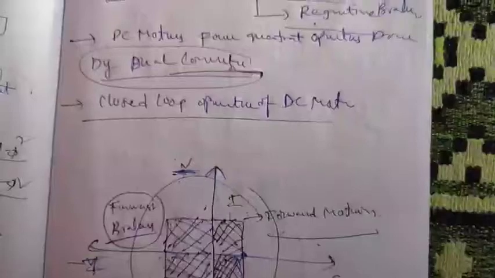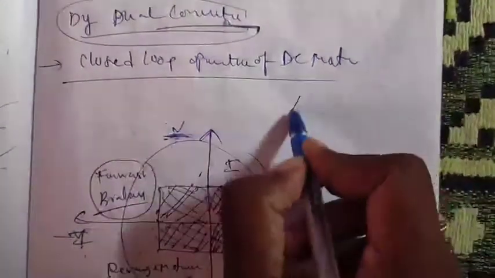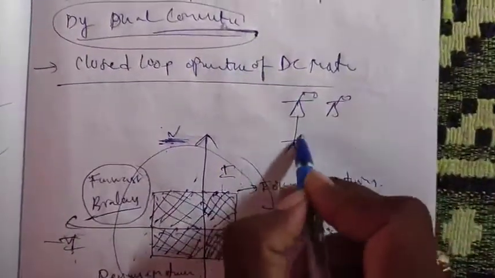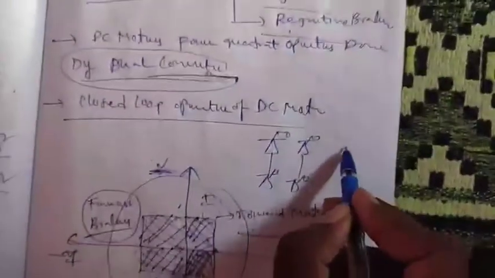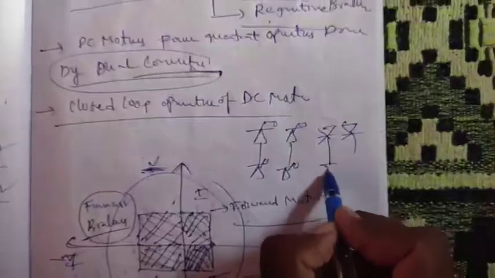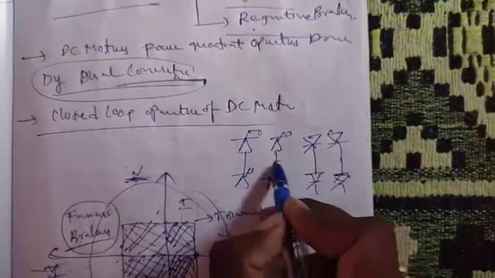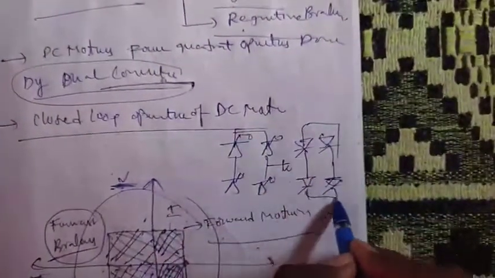We can achieve these four quadrants by connecting a dual converter. What is meant by a dual converter? It is a full controlled converter, and we connect two back to back to the load.